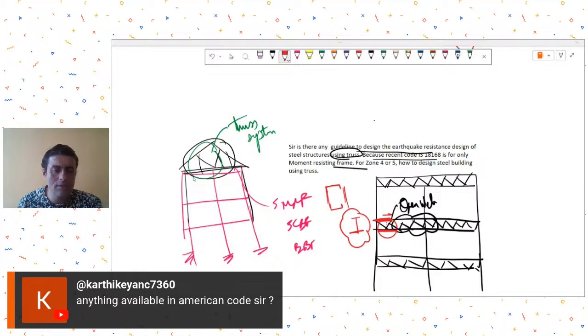But let me just see if AISC 341 has any truss system. I think there is a truss system also as a part of lateral load resisting systems. It does have, yes, you have special truss moment frames.